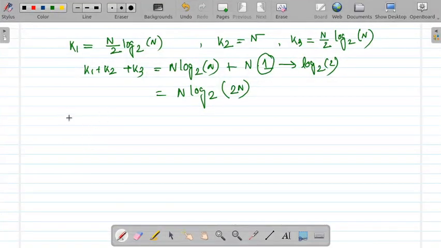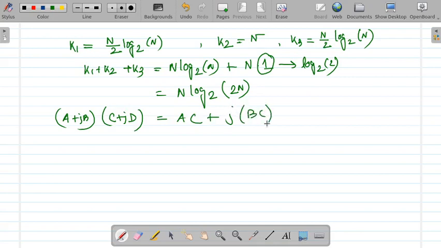Why is this so? Let's say two numbers A plus jB and C plus jD. If we multiply these, one real multiplication is A times C, the second real multiplication is A times jD, the third is jB times C, and this is minus B into D. That is 1, 2, 3, 4.